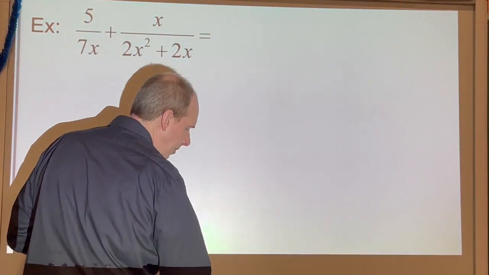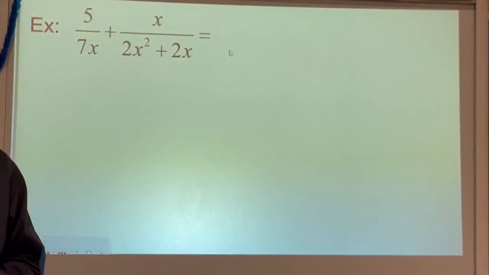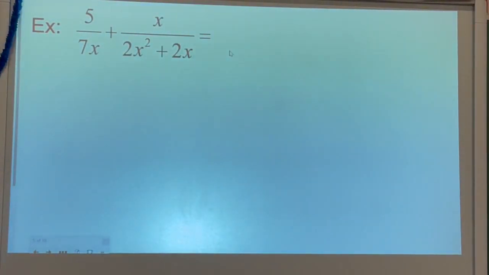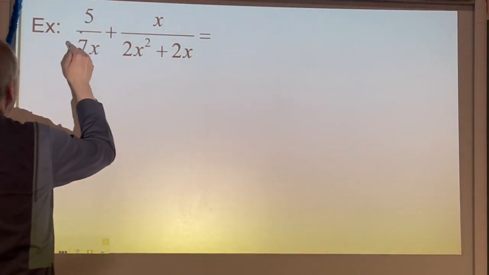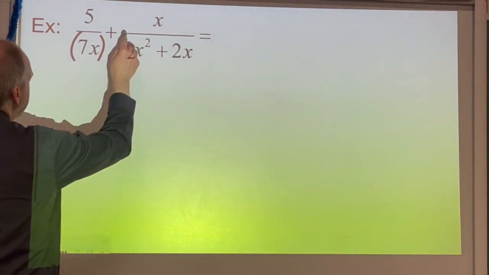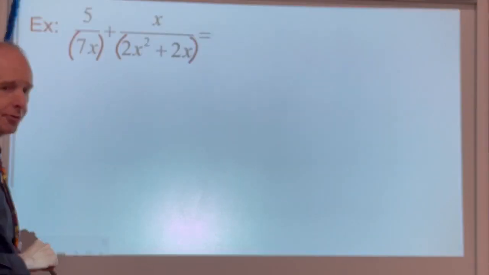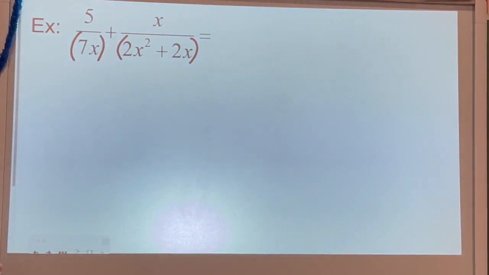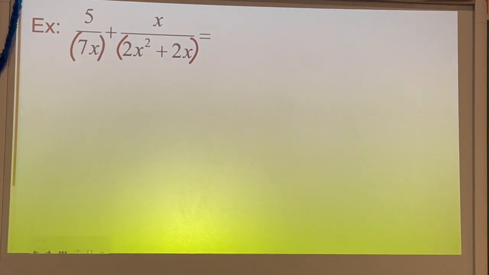So if we can do that with numerical fractions, we can do it with algebraic fractions, rational expressions. We'll take our 7x times our 2x squared plus 2x and see what we can do. Well, let's go ahead and multiply by what's missing.